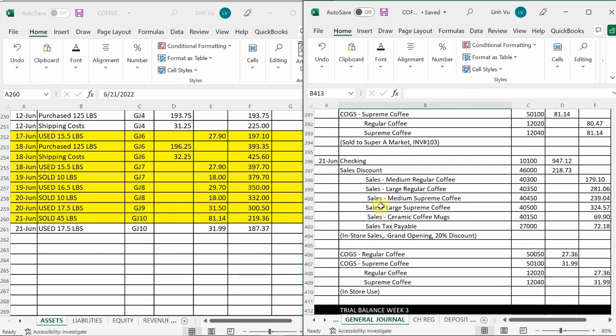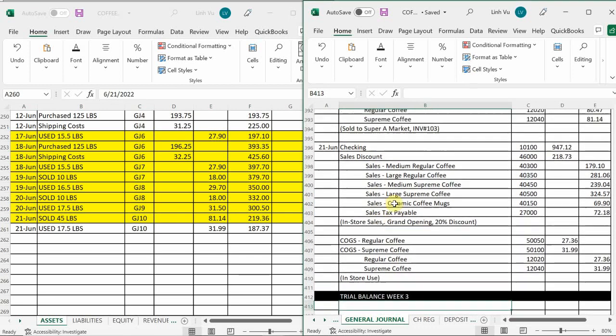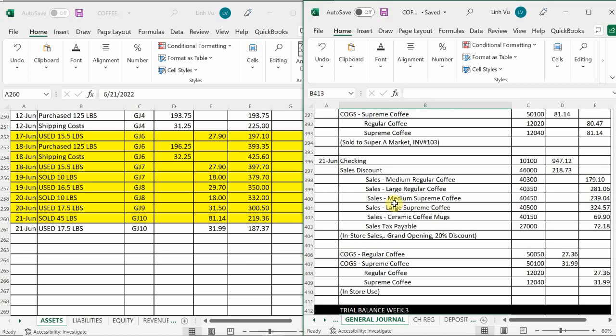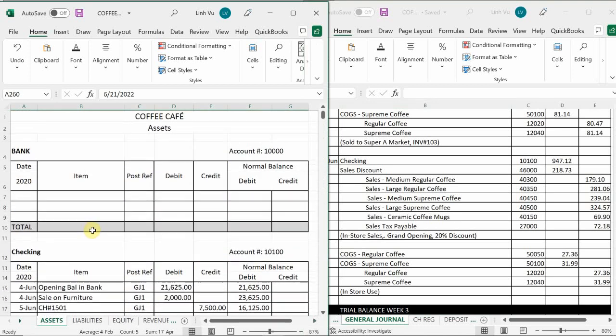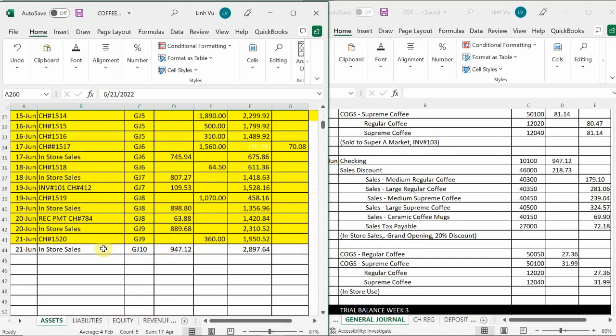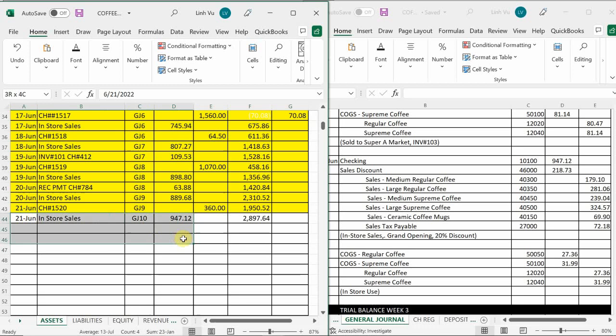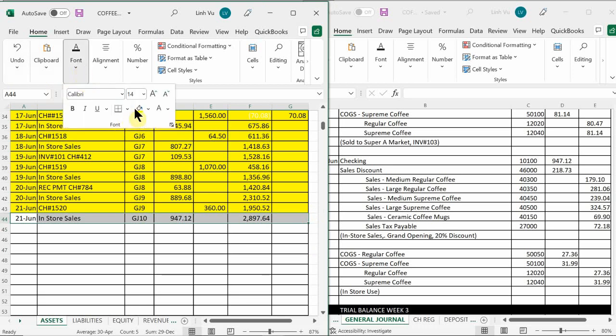Okay. Then we did our sales one last time. Our sales for the last day, which gave us checking for $947.12. So yes, we did do that.